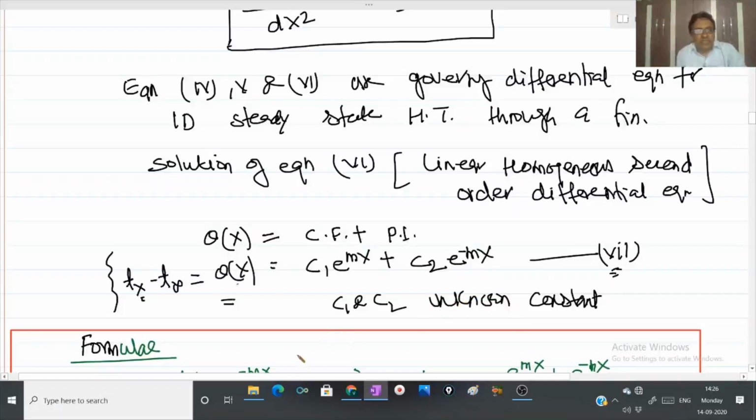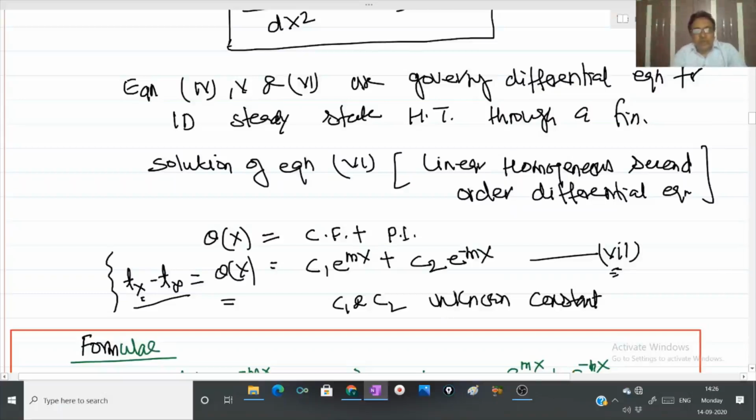So I can write theta x, which is also T(x) minus T infinity, is equal to c1 e to power mx plus c2 into e to power minus mx, where c1 and c2 are two unknown constants.